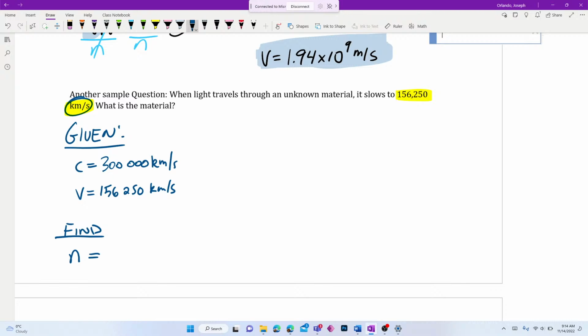How would I set this up? What does n equal? This one mercifully requires no rearrangement. Isn't that nice? What does n equal? Yep. C over V. And we can plug those numbers in.